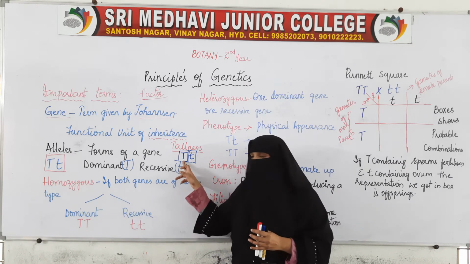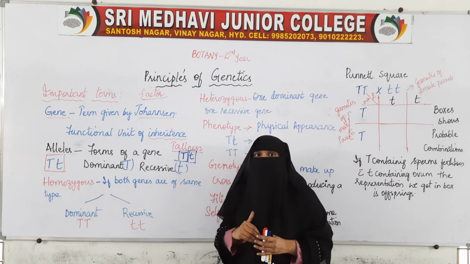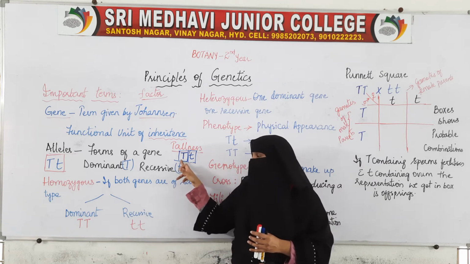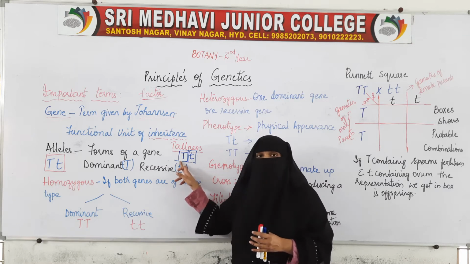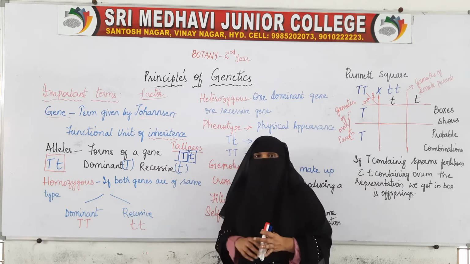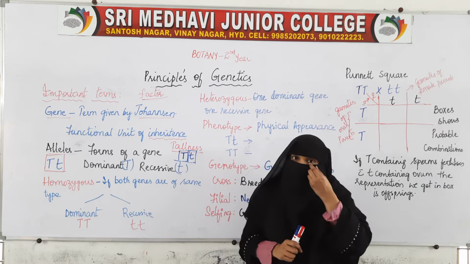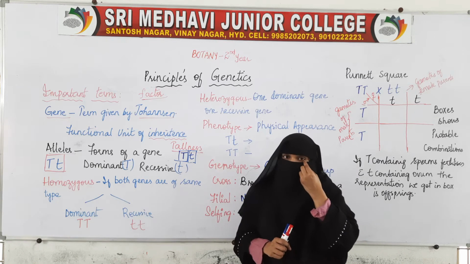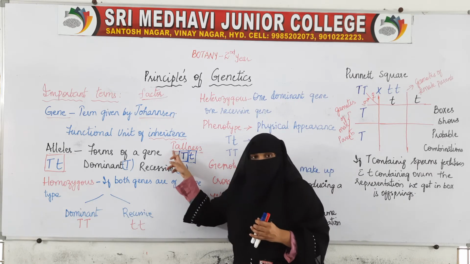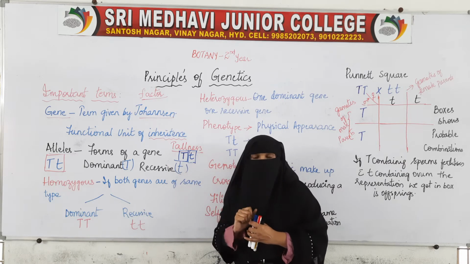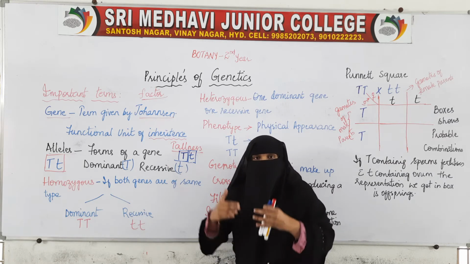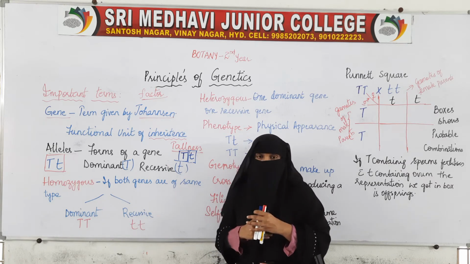So two forms, that is, capital T for tall and small t for short. Capital T is the dominant and small t is the recessive. It can be of shorter height or it can be of tall height.